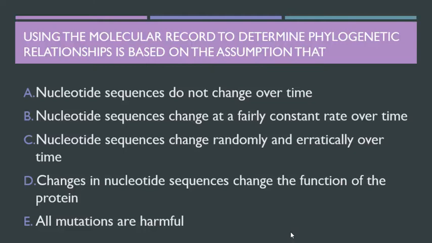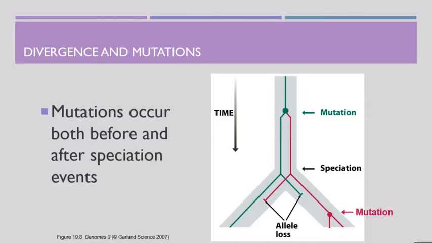Well, it's got to be based on the idea that nucleotide sequences change at a fairly constant rate over time, and we talked about that when we talked about mutations. That was the molecular clock idea, and using the molecular record, we can also determine time, because we are using that molecular clock idea that we talked about before.